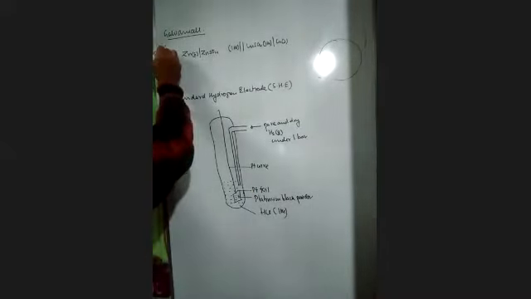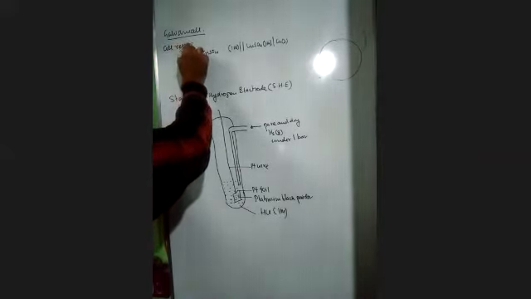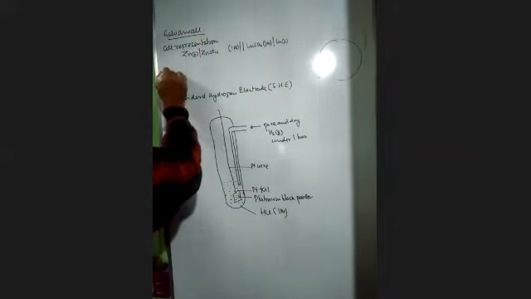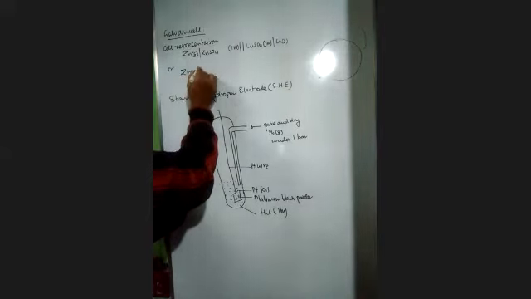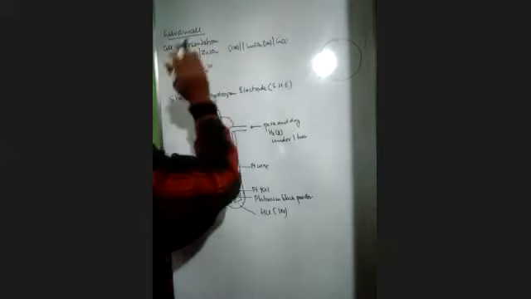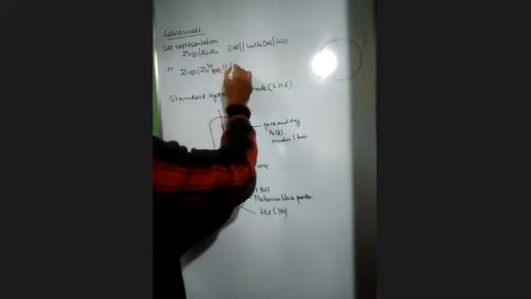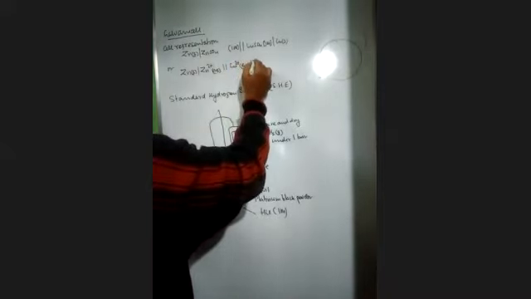So this is the cell representation. Or you can write it like zinc, zinc 2 plus, and copper.